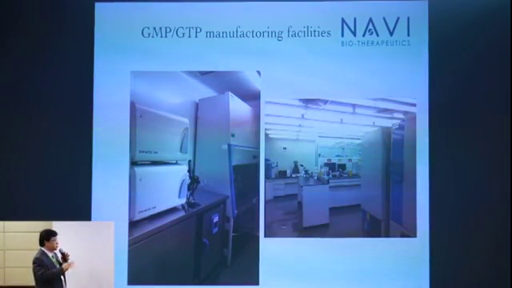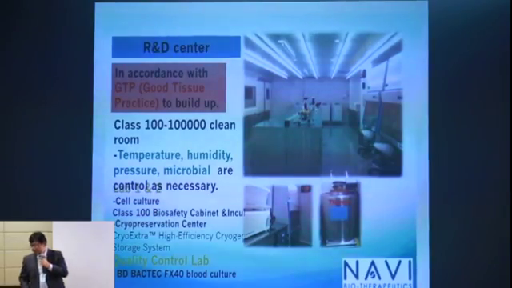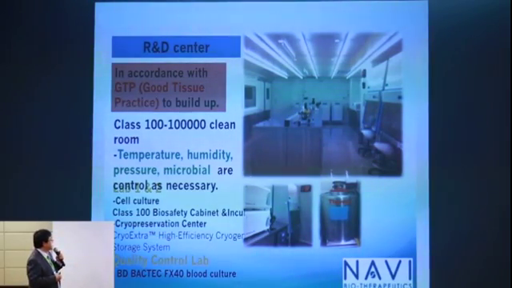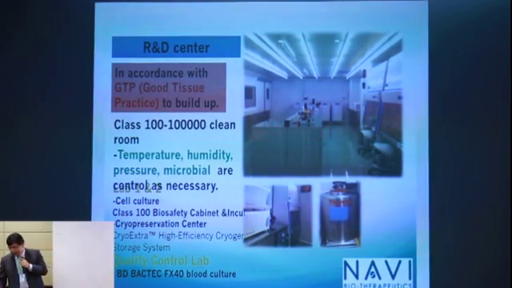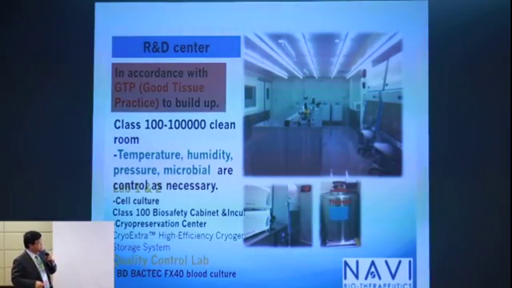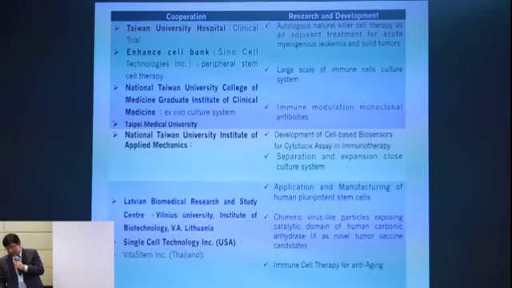And we have 3 clean rooms and 1 cold room for quality control of the clean room. It's my R&D center in Taiwan. We have liquid nitrogen for banking with an automatic machine.